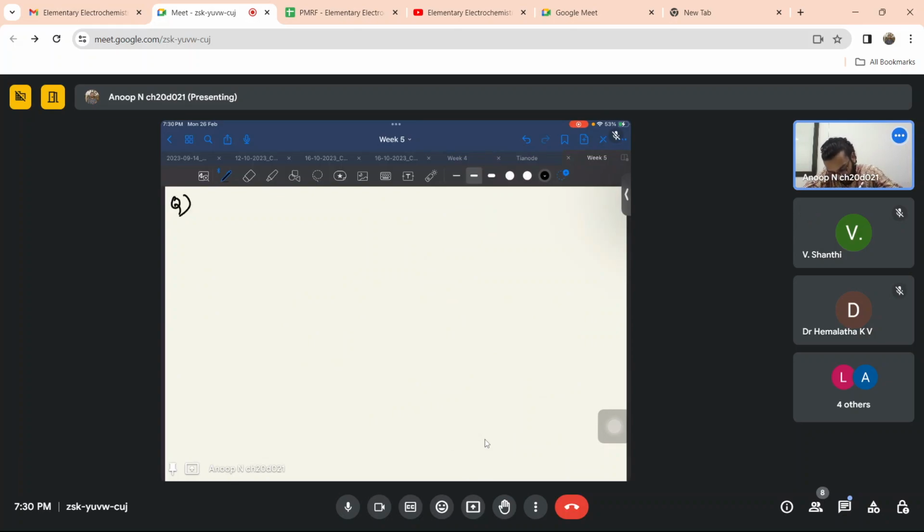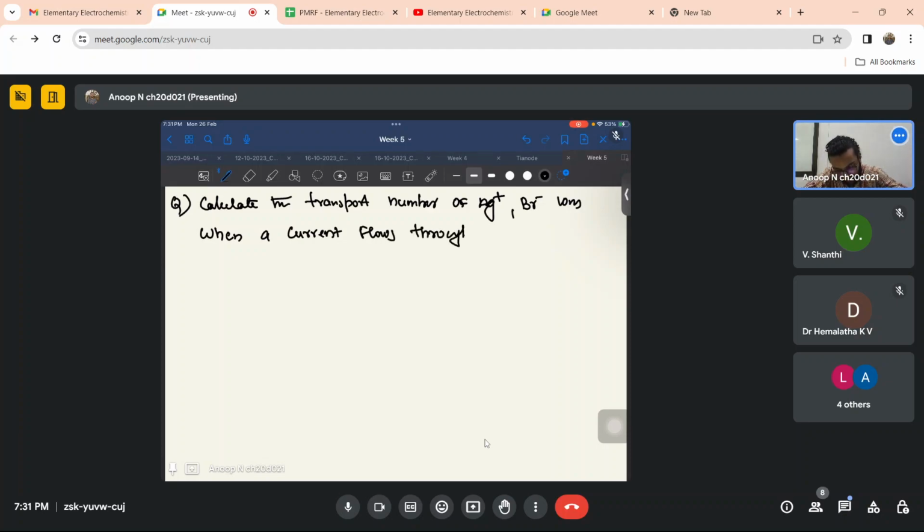Next question: calculate the transport number of Ag plus and Br minus ions when a current flows through an infinitely dilute solution of AgBr at room temperature, so we'll take it as 25 degrees centigrade.